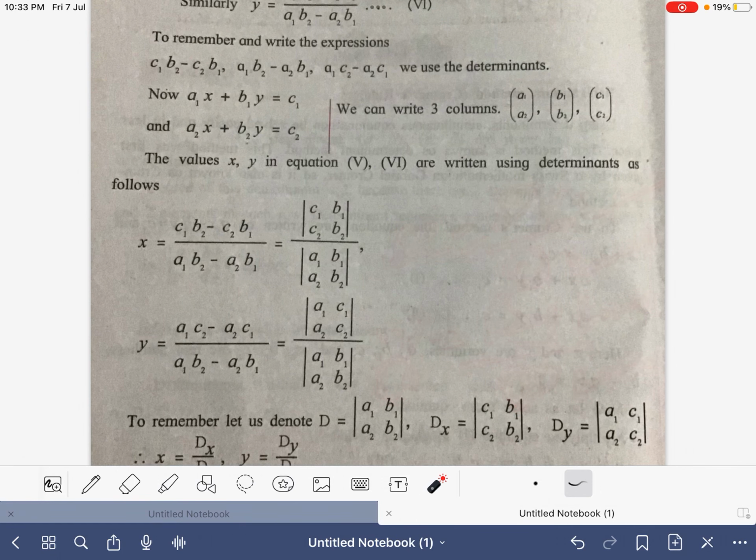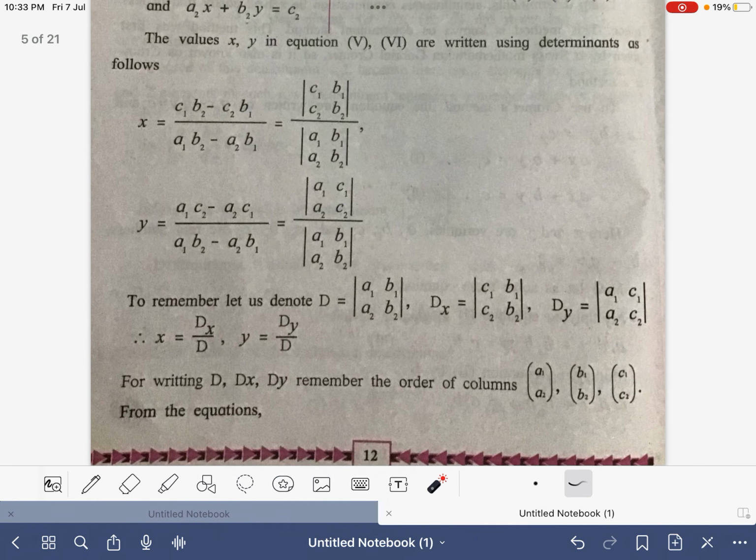So keep in mind, these are the determinants for D, Dx and Dy.